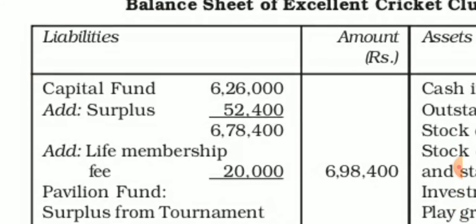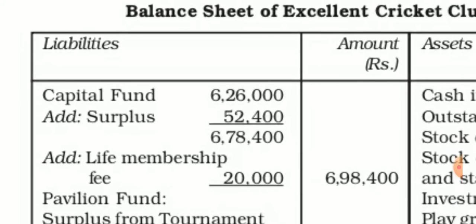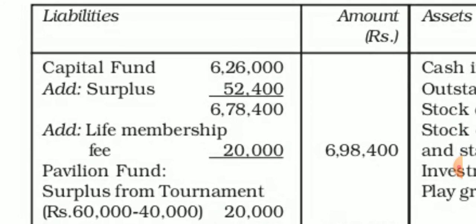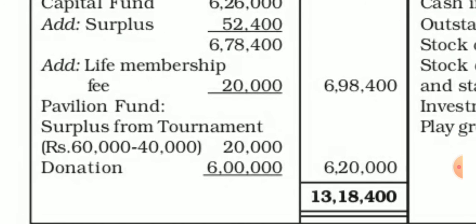Start with the capital fund, that will come from the opening balance sheet, capital fund 6,26,000. Then add surplus, that will come from income and expenditure account, add 6,78,400, then less membership fee 20,000, then the total 6,98,400.